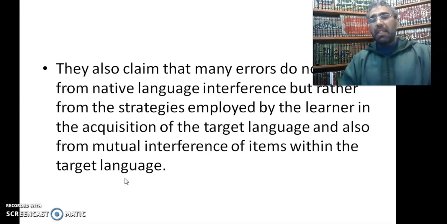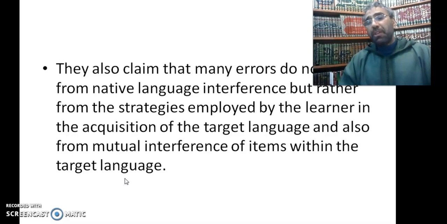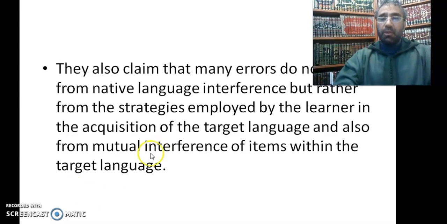The suffix ed, to express the past tense, we put it with some verbs, but we don't put it with all the verbs in English. If you put it with all the verbs in English, that will result in overgeneralizing the use of ed, and that will be an error with many verbs.